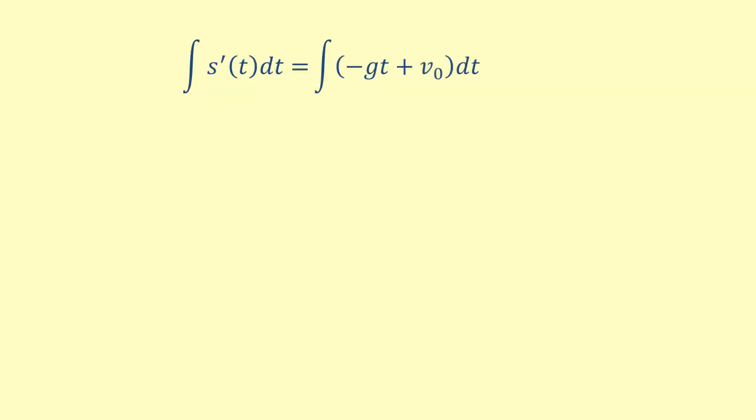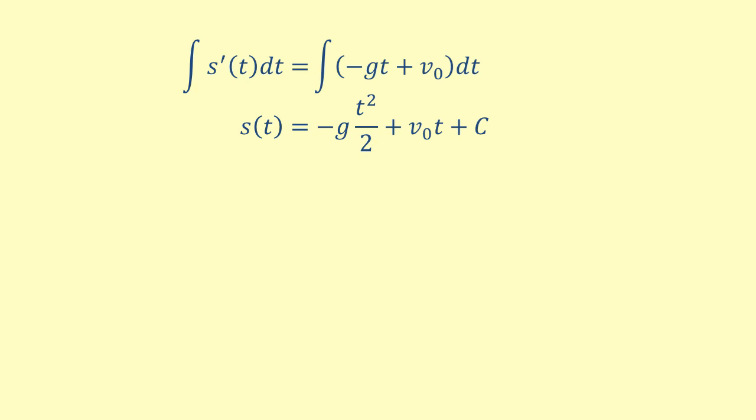To solve this initial value problem, we first take the integral of both sides. This gives us the integral of s prime of t dt equals the integral of negative g times t plus v sub 0 dt. Taking the integral yields s of t equals negative g times t squared over 2 plus v sub 0 times t plus c.